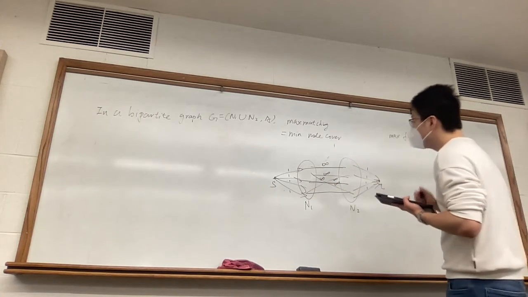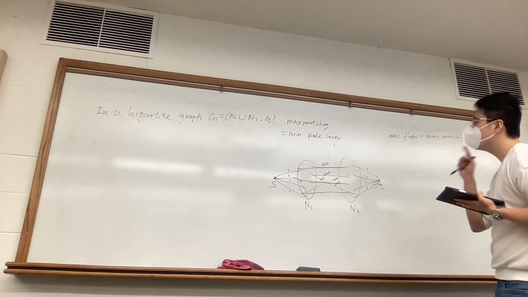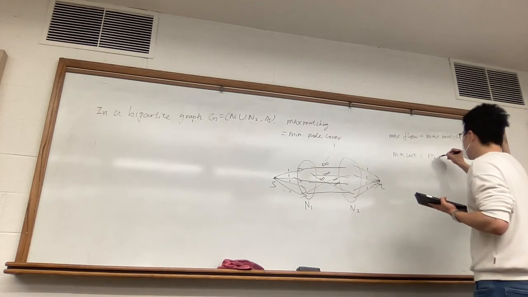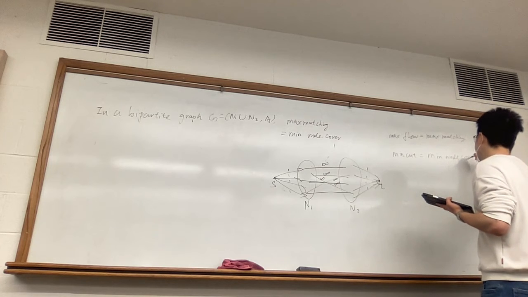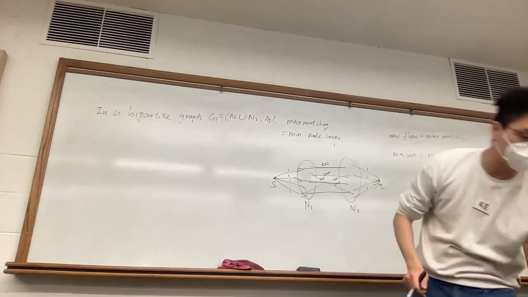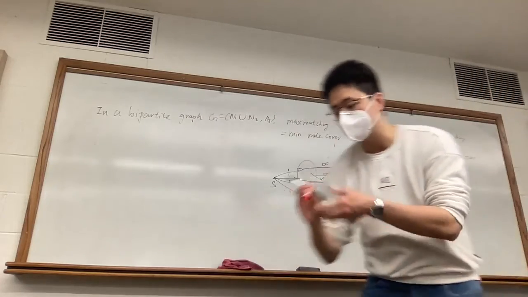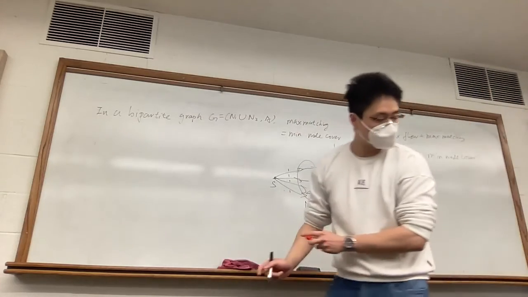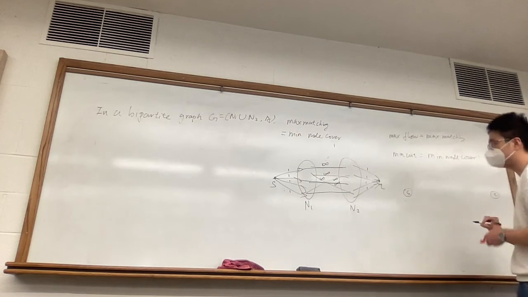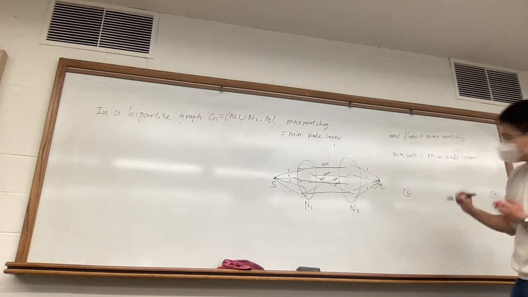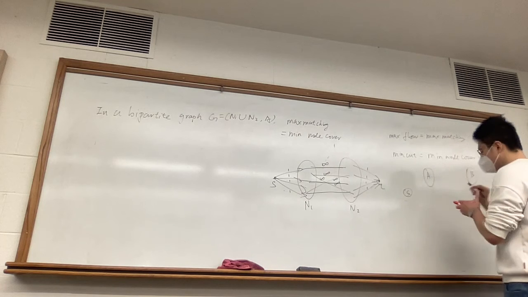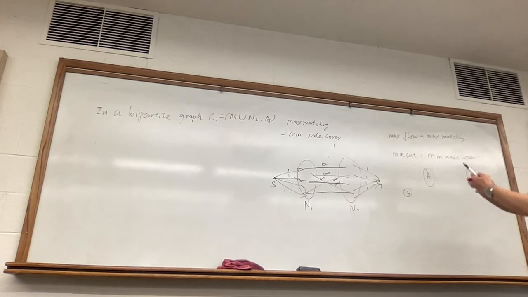Then how can we claim that the min cut is equal to the min node cover? We need some reasoning here. I need to use a different color to suggest. Okay, so now suppose this is your S and this is your T. Because now we are finding a min cut, right?